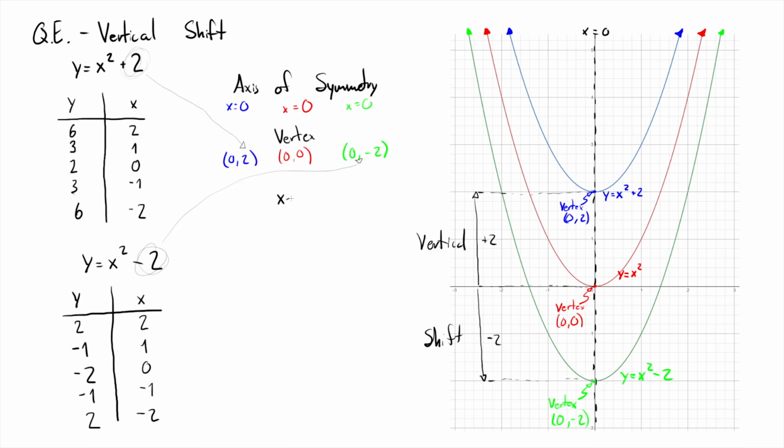So let's talk about the x-intercepts in this case. And again, if we look at the blue graph, we ask ourselves, where does this blue graph cross the x-axis? Well, it's above the x-axis and it opens up. So if it's above the x-axis and it opens upwards, that means it's never going to get lower than its vertex or than its lowest point.